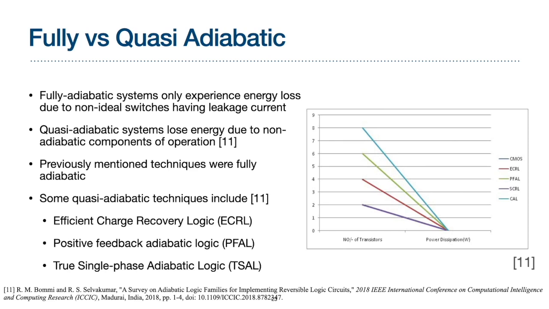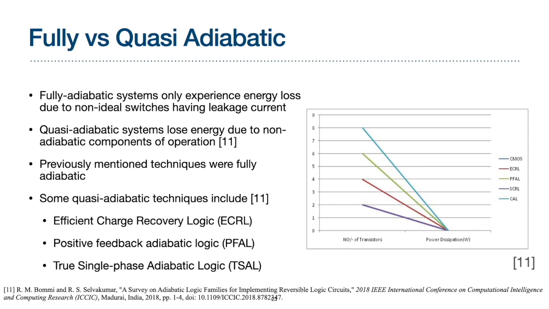Quasi-adiabatic systems, on the other hand, lose energy to non-adiabatic components of operation. As we mentioned earlier, all the previously mentioned techniques were fully adiabatic. By contrast, some quasi-adiabatic techniques include efficient charge recovery logic, or ECRL, positive feedback adiabatic logic, or PFAL, and true single-phase adiabatic logic, or TSAL.